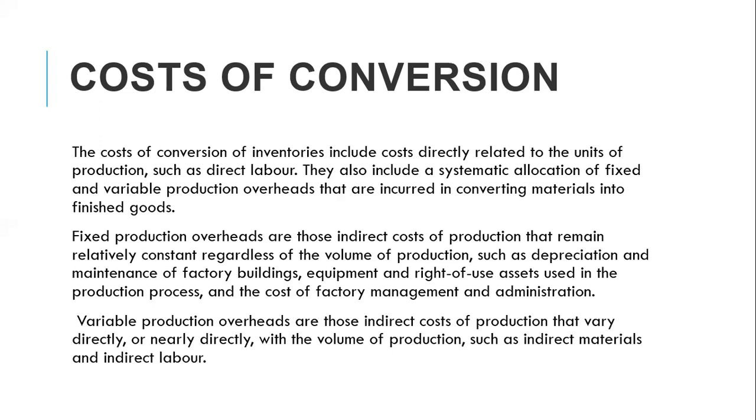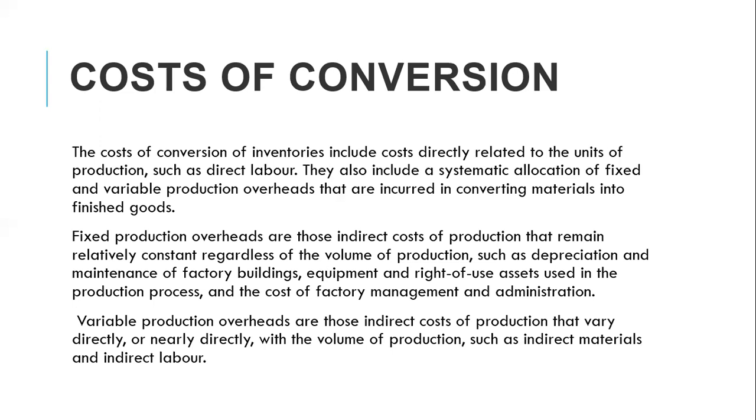You also need to factor those costs in. So the cost of conversion of inventories includes costs directly related to the units of production, such as direct labor. They also include a systematic allocation of fixed and variable production overheads that are incurred in converting materials into finished goods.